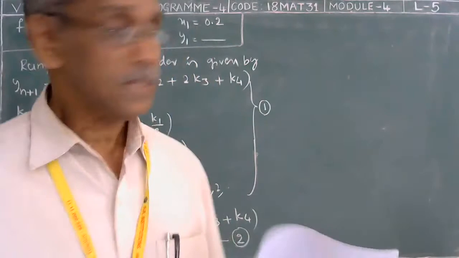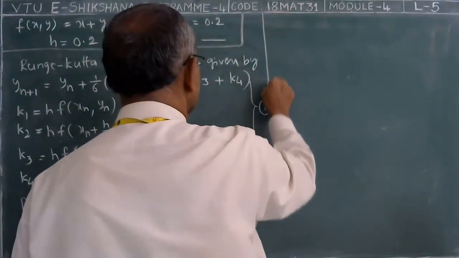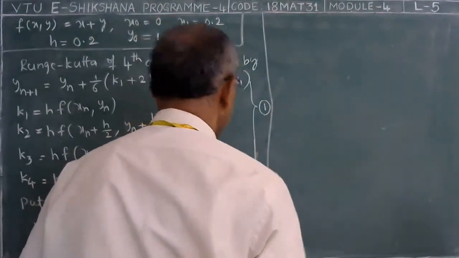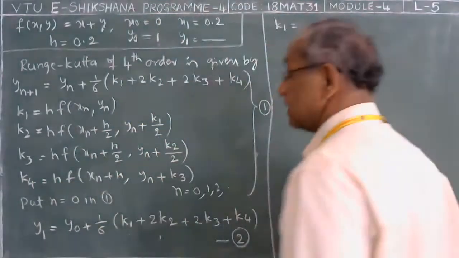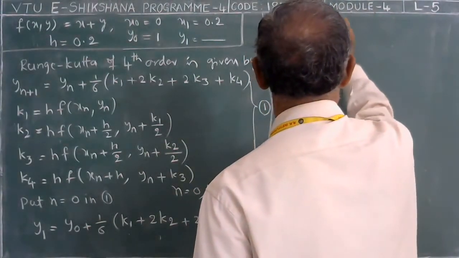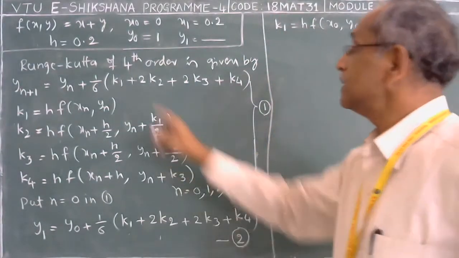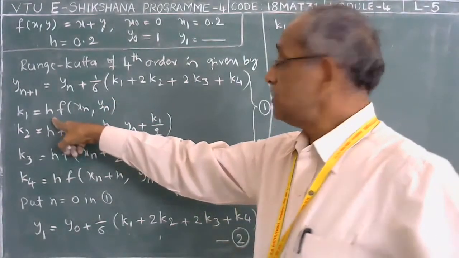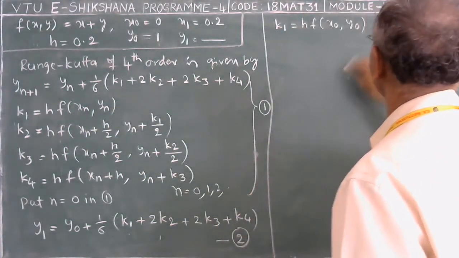So how do we do this? Very simple. What is k1 when n is equal to 0? K1 is h into f of x naught comma y naught. What is h?